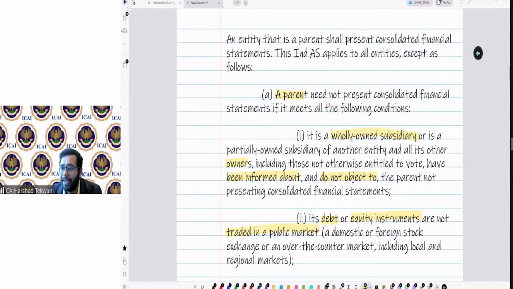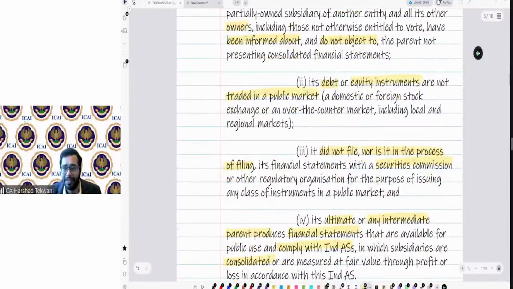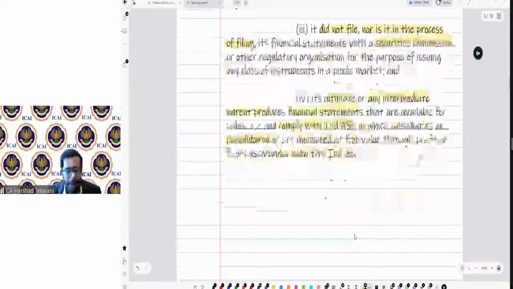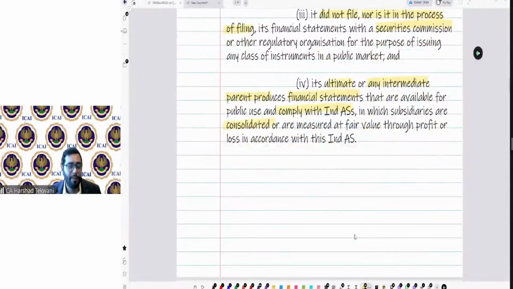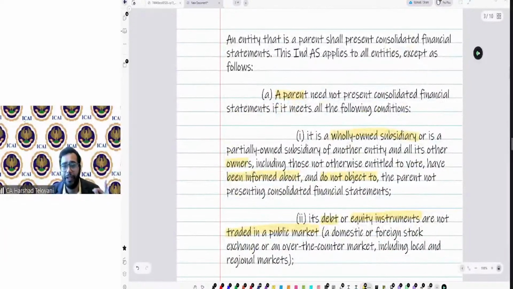Point number 3, it is not in the process of listing. Point number 4, the ultimate or intermediary parent produces financial statements, which are consolidated financial statements that comply with the Ind AS. And that is para 4 of the scope of Ind AS 110.